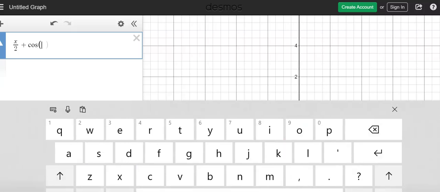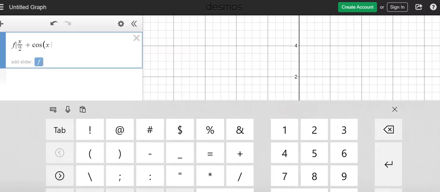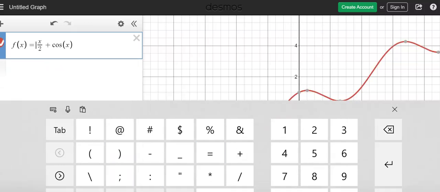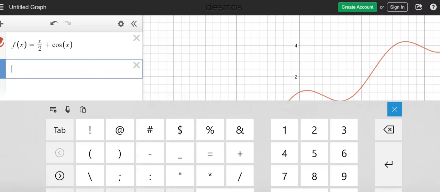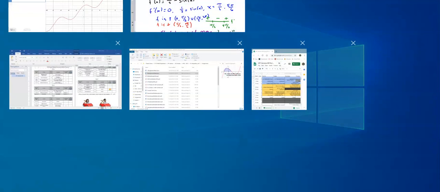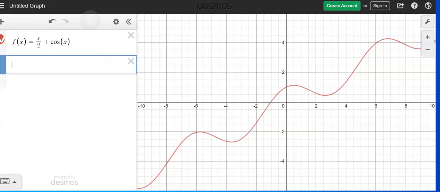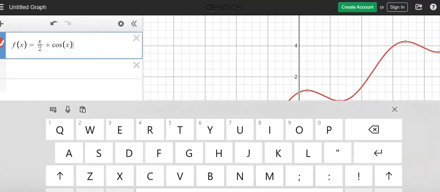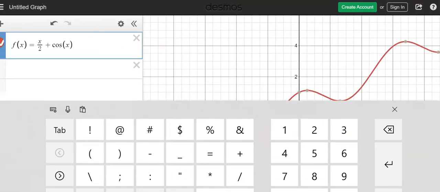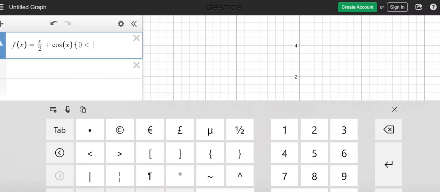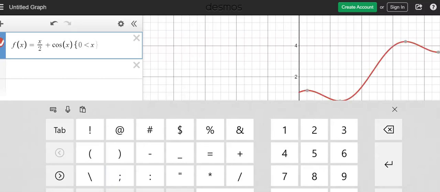Did I have that right, guys? I hope. Where I need on the interval from 0 to x is less than.